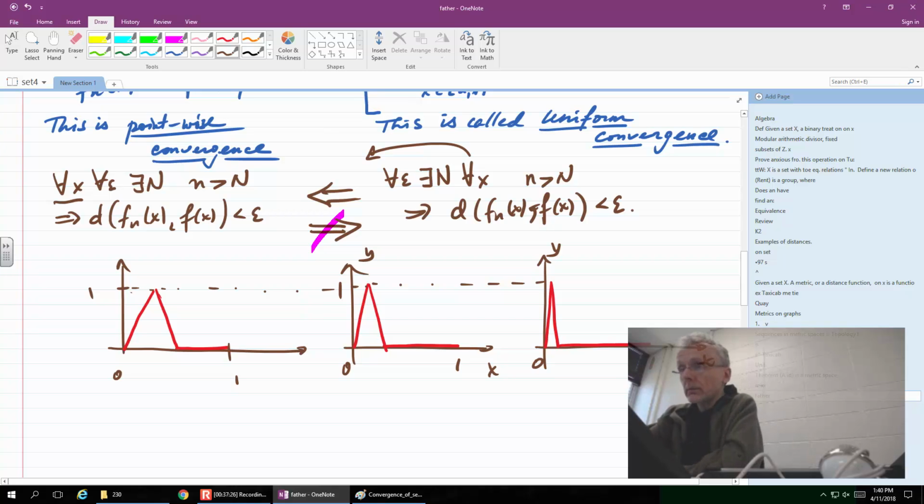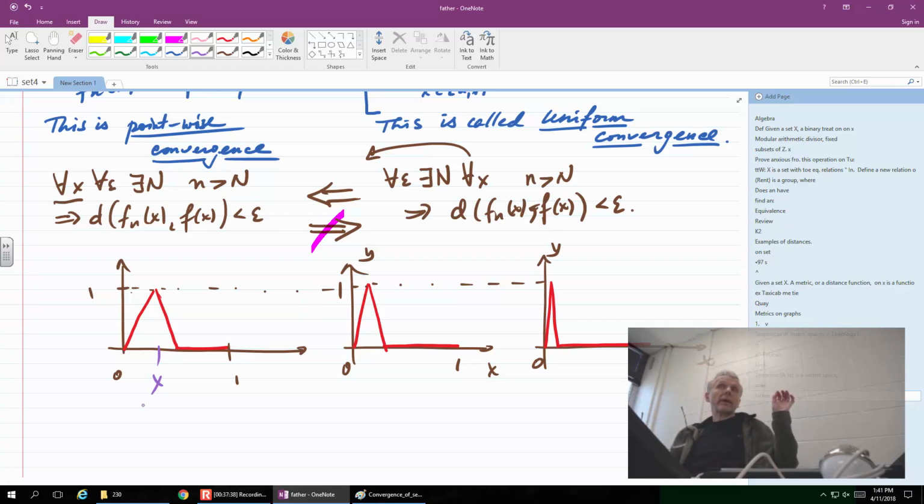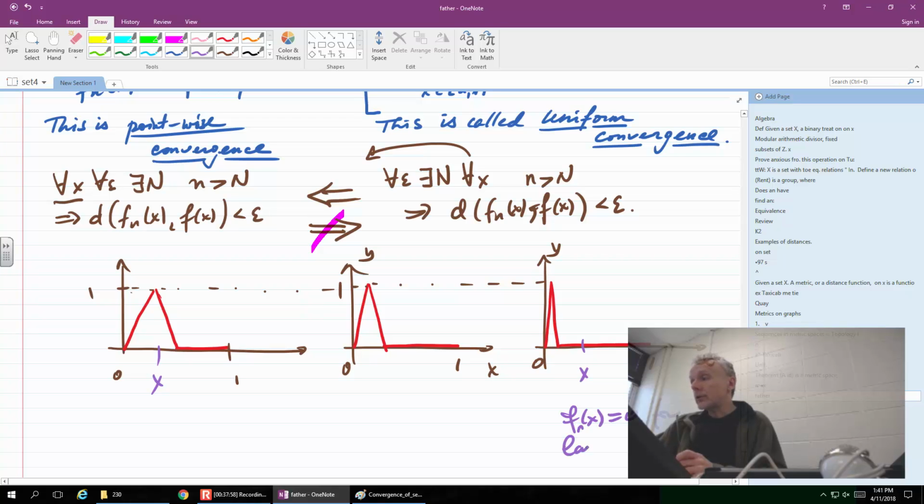I pick a number x, say here, and then sooner or later, after enough iterations, the tooth will pass x. So x will be lying to the right of the tooth, and therefore the values of all the functions following that moment will be zeros at x. So f_n(x) is equal to 0 for large enough n.